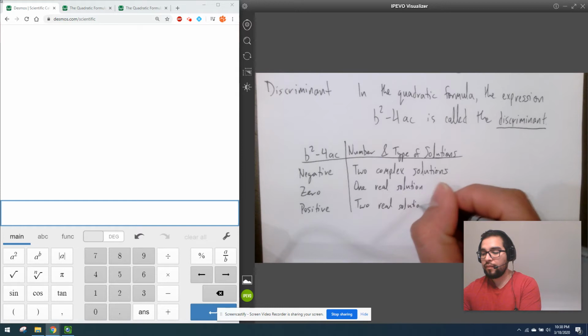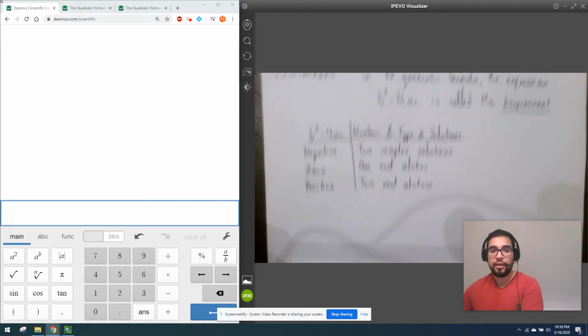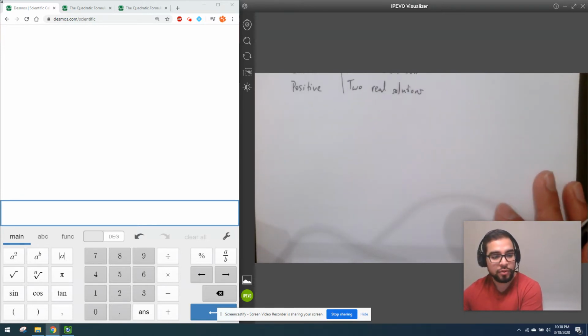Now, if we take a look at this graphically, the solutions will be our x-intercepts. We're going to be taking a look at it graphically in just a bit, but first let's calculate these. Let's take a look at a couple of examples.